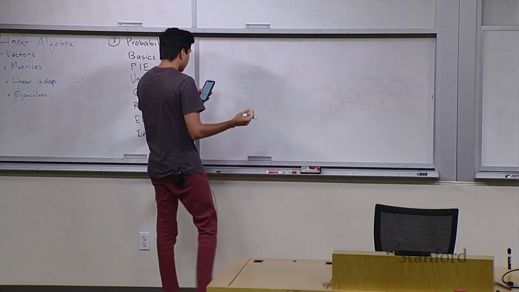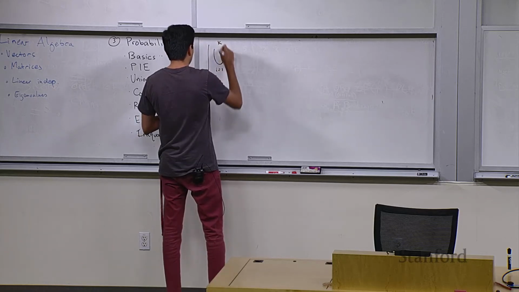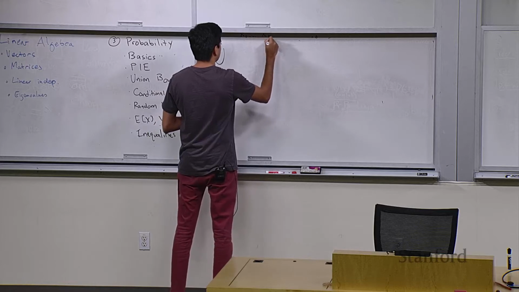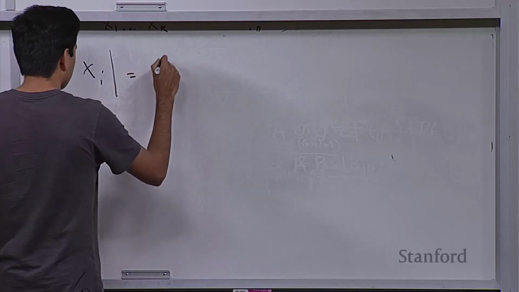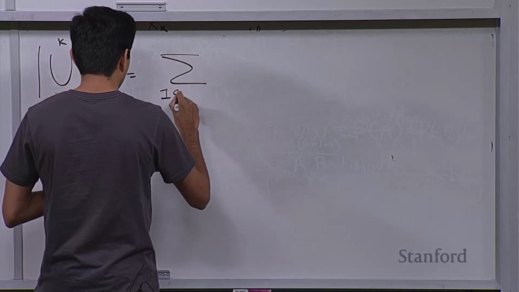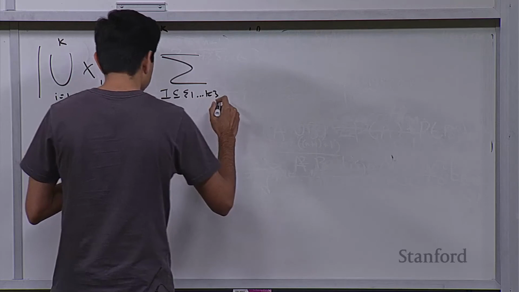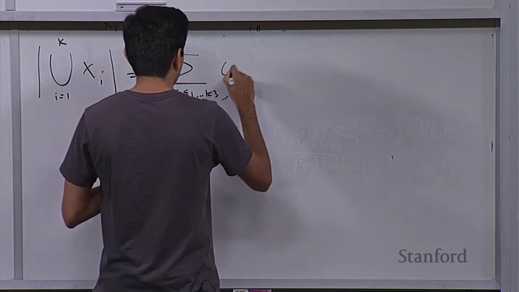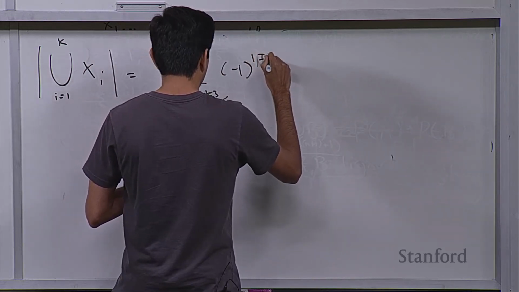So basically, the general form is, for i from 1 to k, where we have subsets x1 to xk, we can write this as the sum over nonempty subsets, with a factor of (-1)^(i-1).